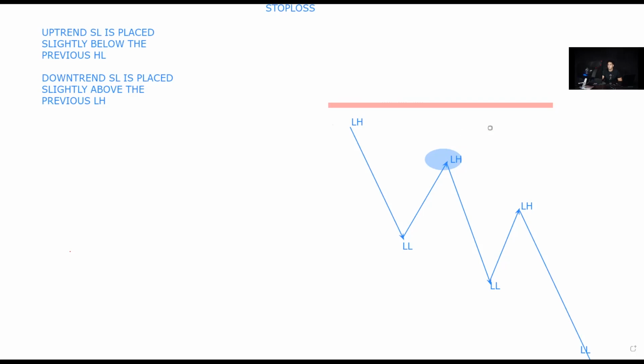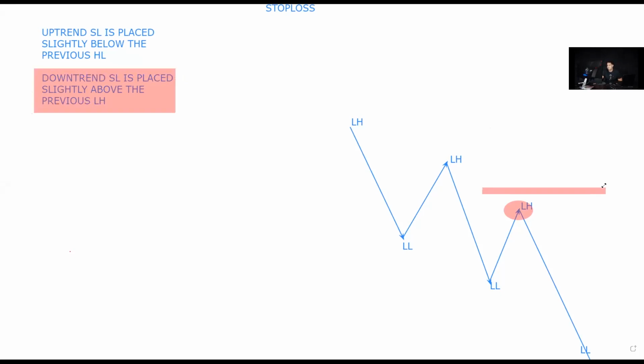And again, one more example of downtrend before we move to the chart. If we were to get in at this lower high, at the retest of the lower low, our stop loss is placed slightly above the previous lower high. So it wouldn't be right here, because this is the current lower high.